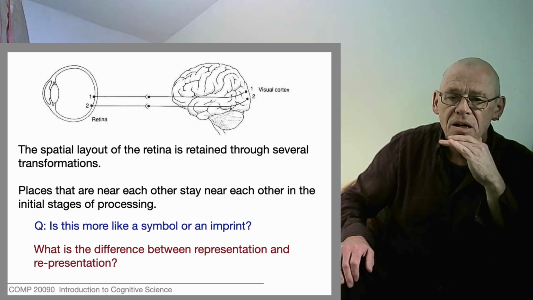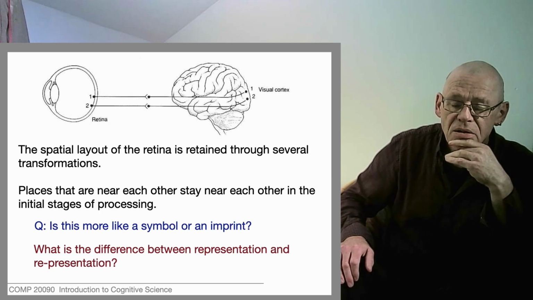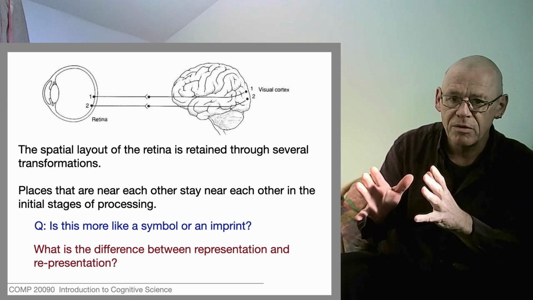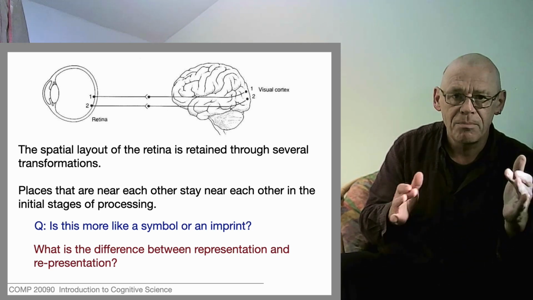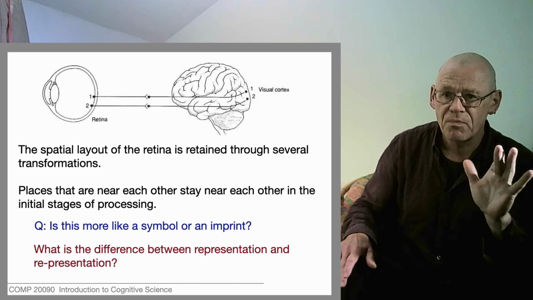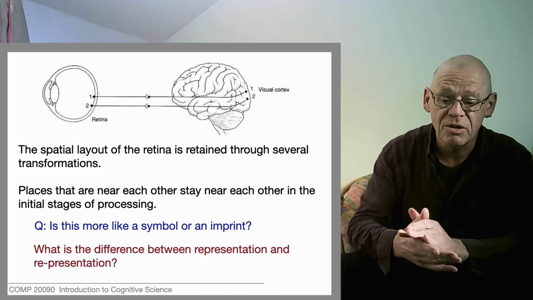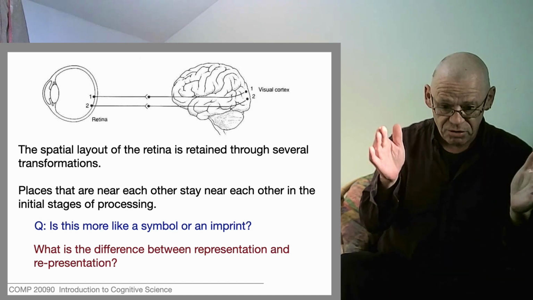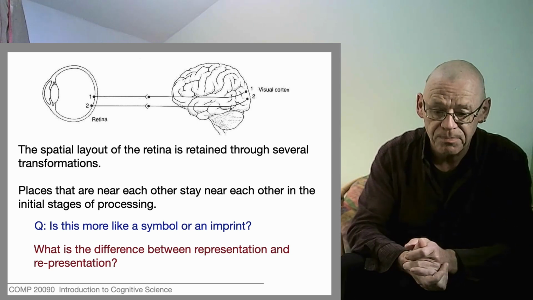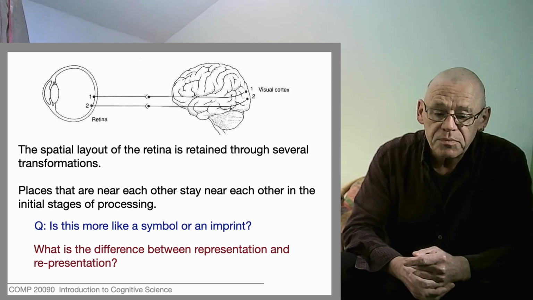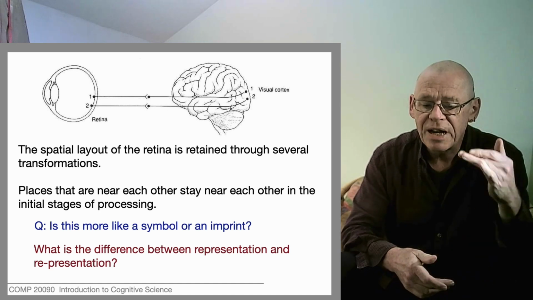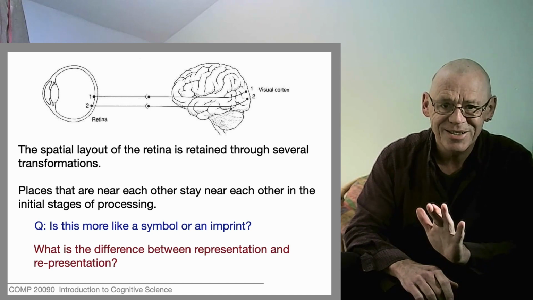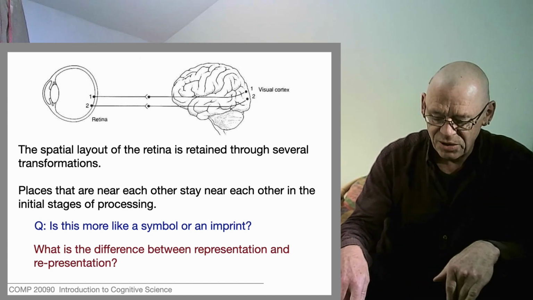Now, think about this in those terms, and I think you might agree that this mapping from the retina to the primary visual cortex is more like an imprint, in that it has the same spatial characteristics with some alteration. And there's a direct causal link we can follow, we can trace from one to the other. We don't have to abstract. So in some sense, what's presented on the retina is represented in visual cortex. So that's one sense we might use that.